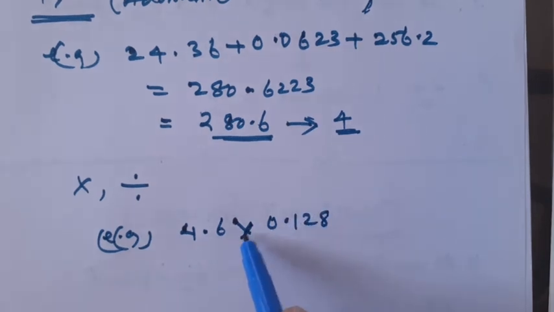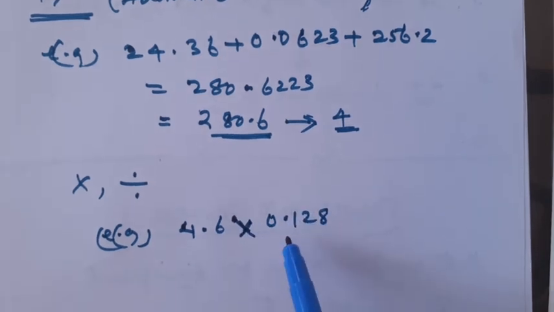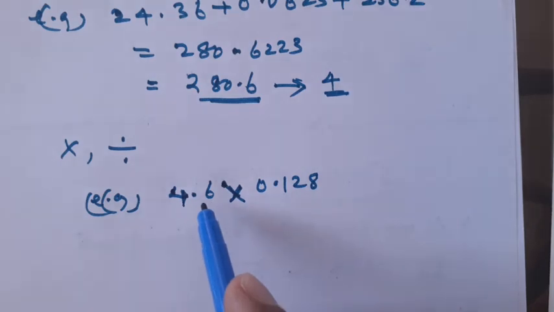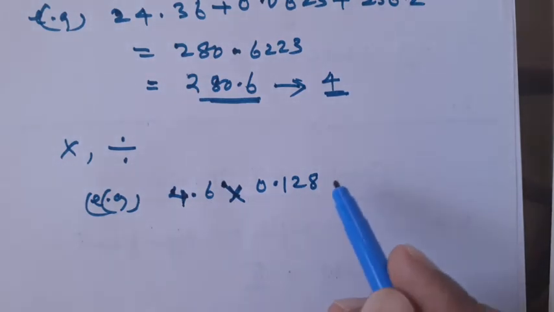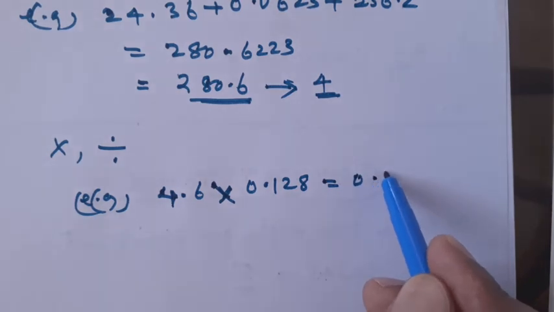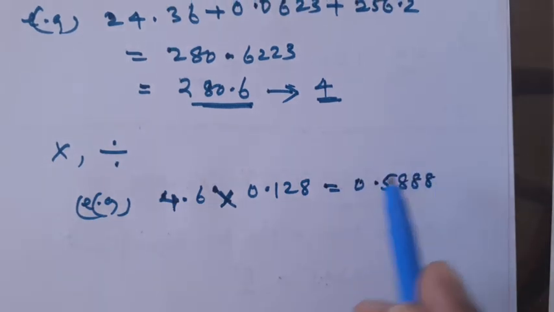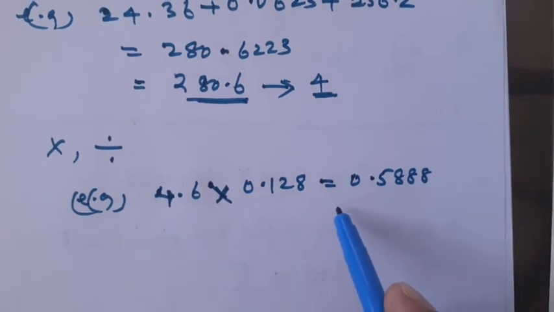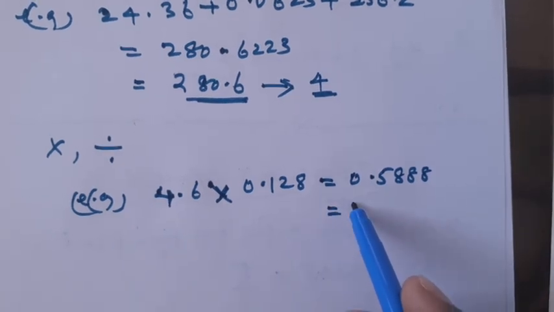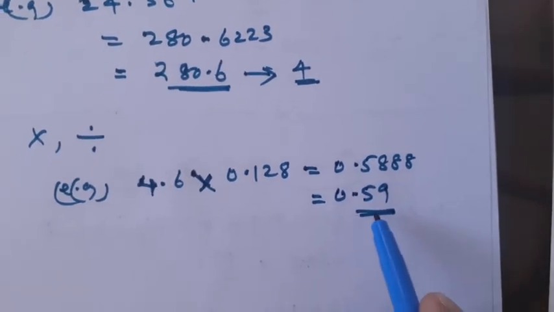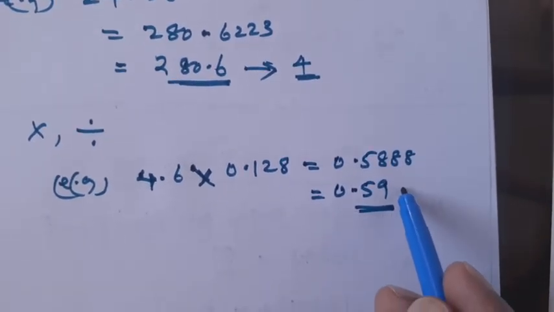So what is the least significant figure among these two values? 4.6 is your least significant figure among these two values. Now what is the result here? If we go for multiplication, you will get 0.5888. Now this value you are going to round off to 0.59. So the significant figures in this case is 2.